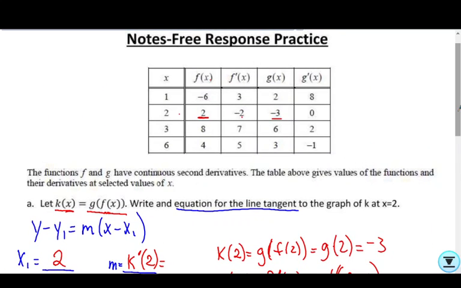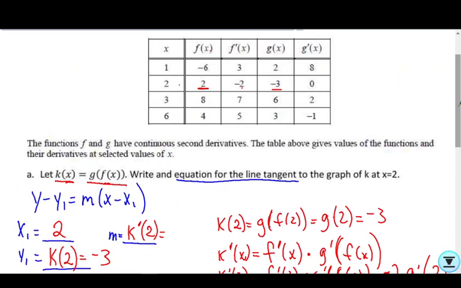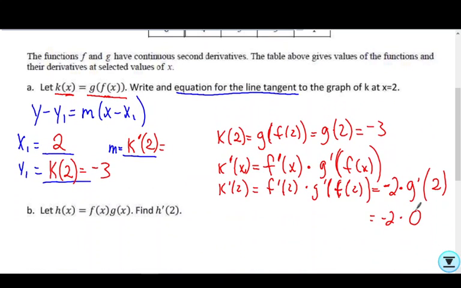F at 2 is 2. So this is g prime at 2. What's g prime at 2? G prime at 2 is 0. So this is negative 2 times 0, which is 0. So my slope is 0.